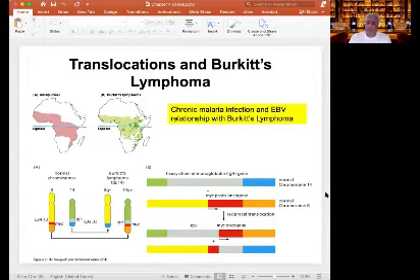So the question is, which came first, the chicken or the egg, right? So have a look at that and we'll see if we can decipher that by the end of the course. But the bottom half of the figure is very important. What it's saying is that what we observe in Burkitt's lymphoma in the majority of cases is a translocation, a balanced translocation.